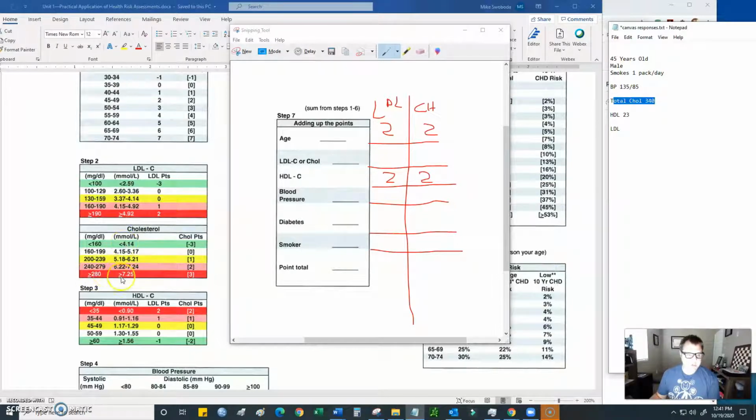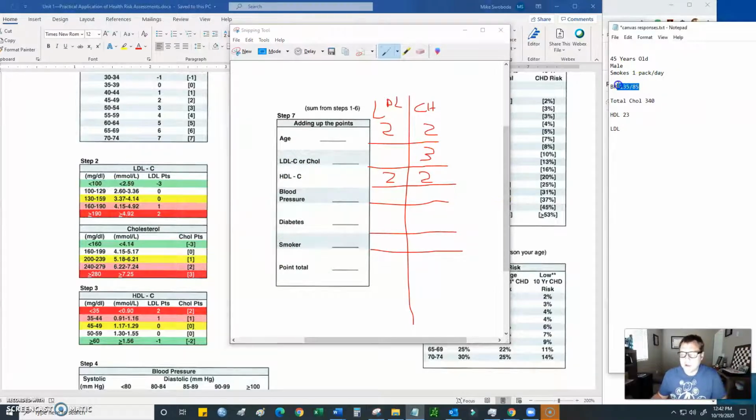Since that is above 280, he gets 3 points for his total cholesterol. Notice you only have one choice for total cholesterol and one choice for LDL, so you only fill out LDL on one side, cholesterol on the other.